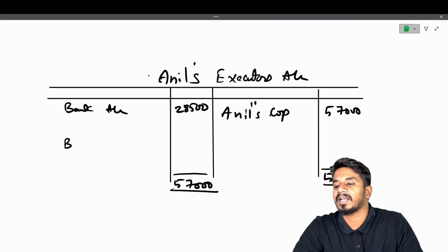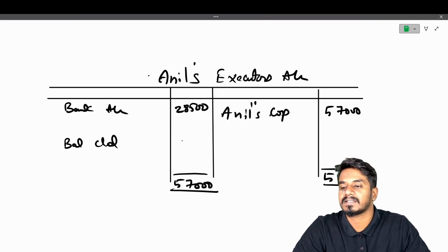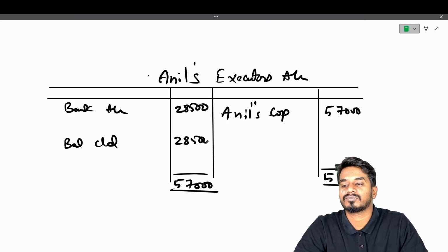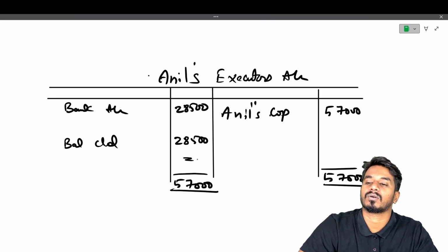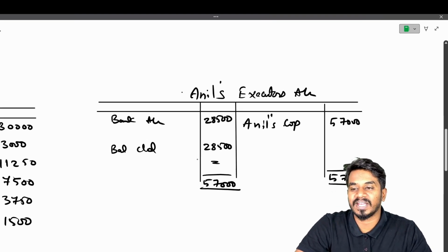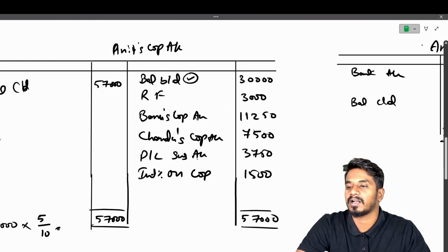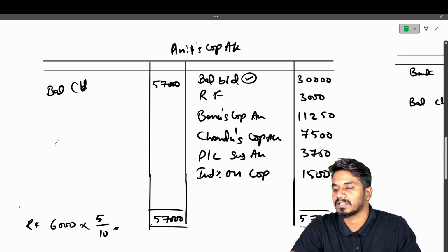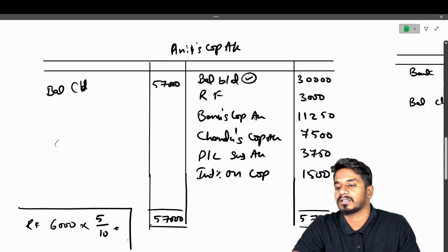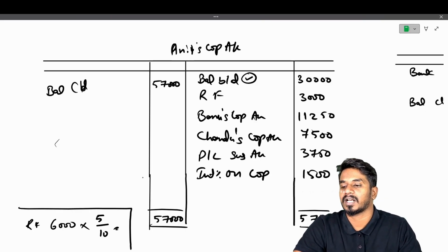So the remaining balance carried down will be the same, 28,500. That's it. Nothing more in the executor's account. I hope you understood very well. This is Anil's executor's account, and this is Anil's partner's capital account. This calculation is separate. You don't need to write it in Anil's capital account.